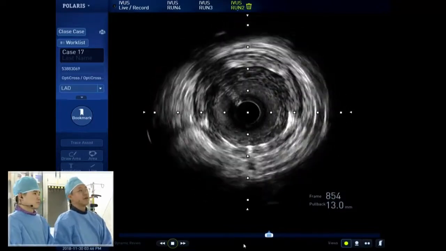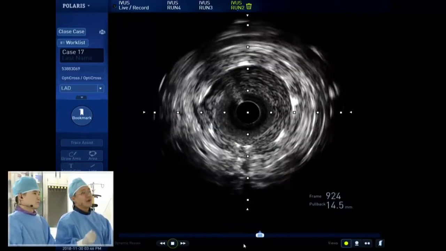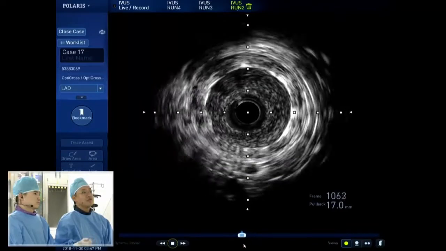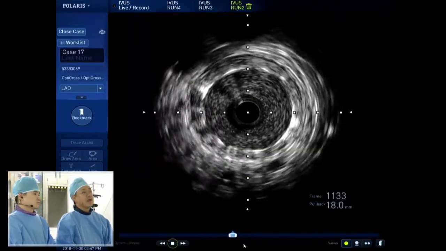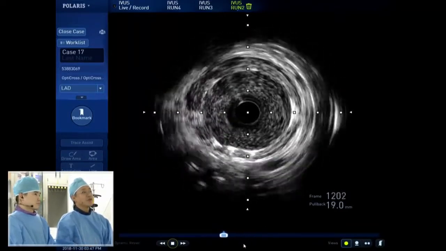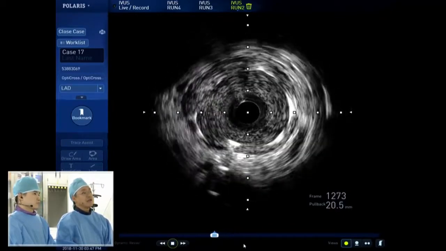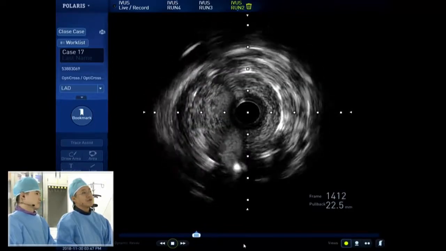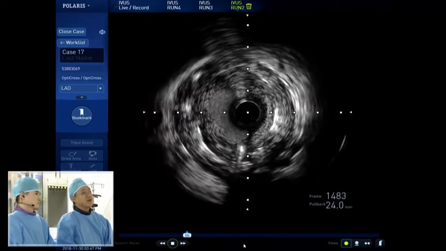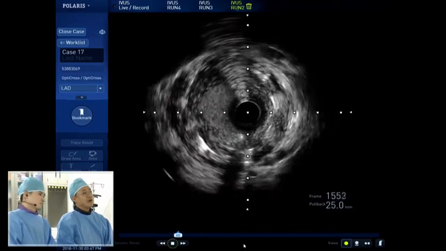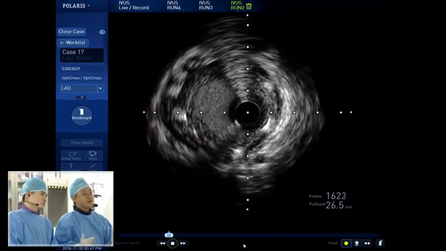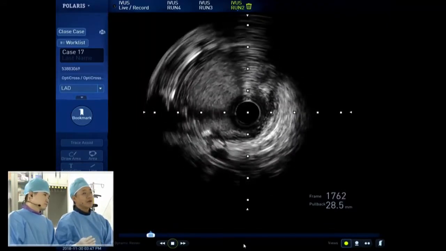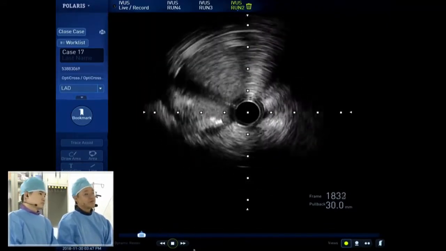Looking at the distal part of the LAD stent, the prior 4.0 stent is very well expanded, but the neointimal hyperplasia is huge. It's an encircling plaque with neointimal hyperplasia. The lumen is very tight, thoroughly encircling, and the shadow is coming from 6 o'clock. We can see the lumen expansion is good, but neointimal hyperplasia is the main mechanism of the ISR. The main cause is intimal hyperplasia.